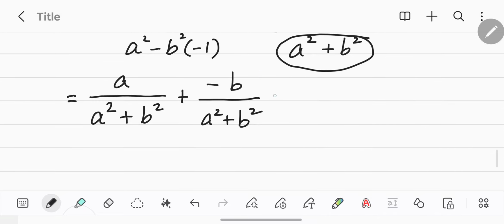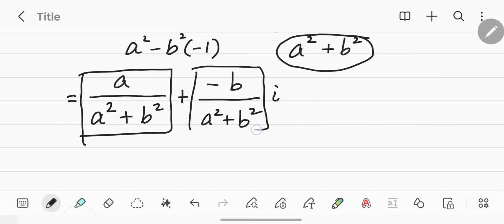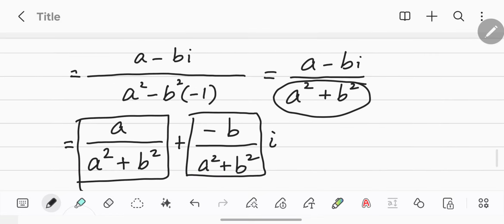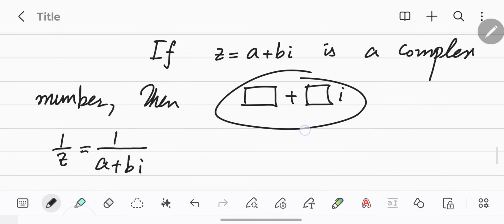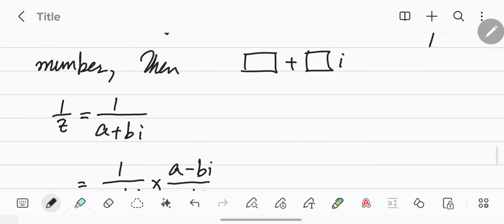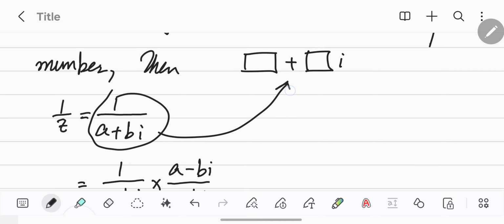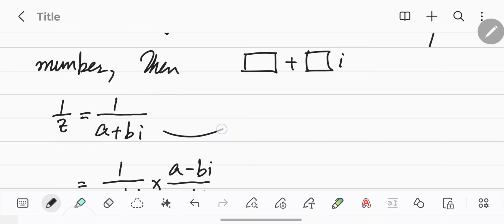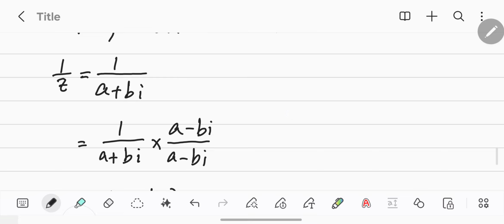Now this iota can be written here. Now let's look. This is some real part. This is an imaginary part. This is iota and there is plus. Now you can compare this whole structure with this structure. Okay? So I had a reciprocal of a complex number, but that reciprocal was not in this form. How did I convert that reciprocal into this standard form of a complex number?